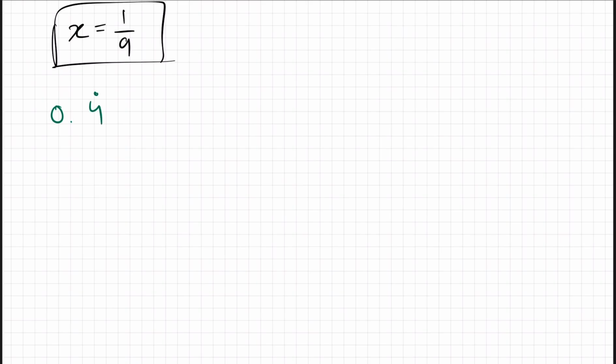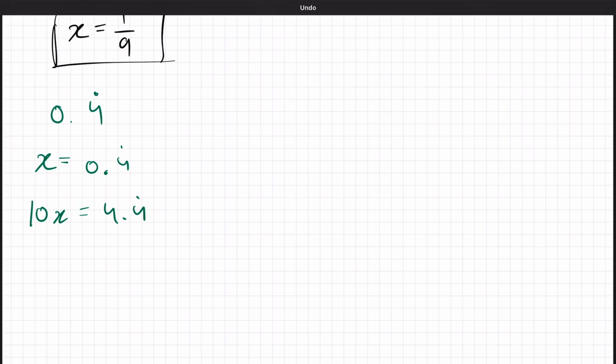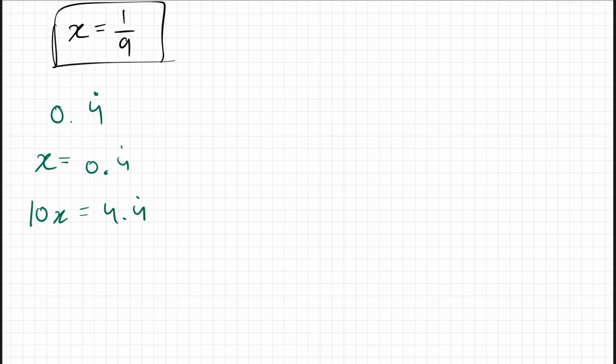Again, we set x equal to 0.4 recurrent, and we notice that 10x is equal to 4.4 recurrent. So now that we've managed to line them up, we can just do the subtraction sum. 10x minus x is equal to 4.4 recurring minus 0.4 recurring.